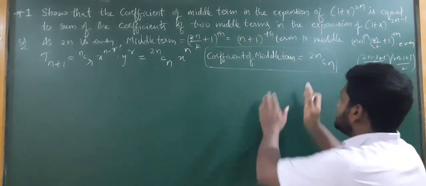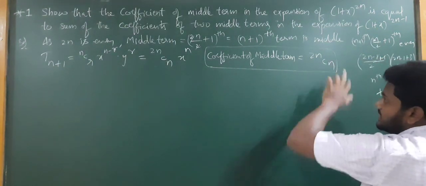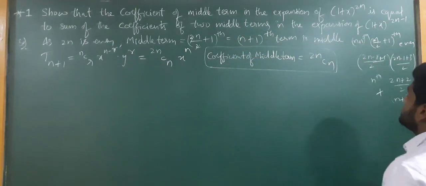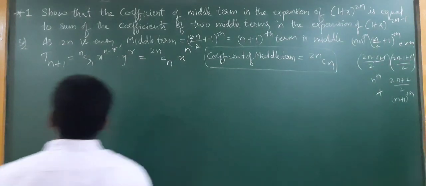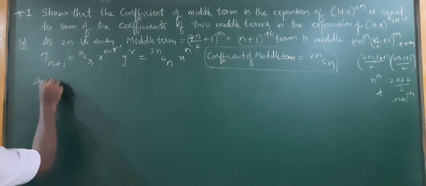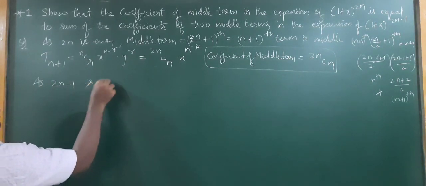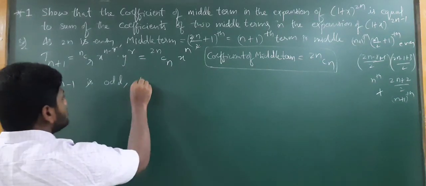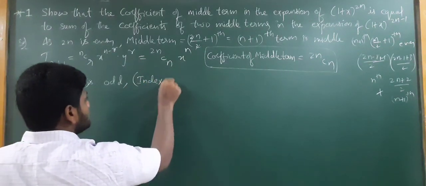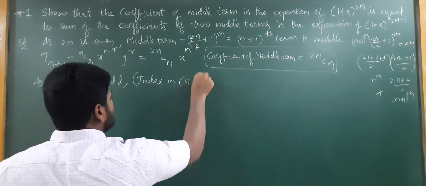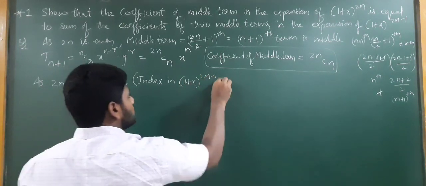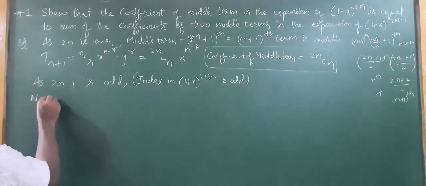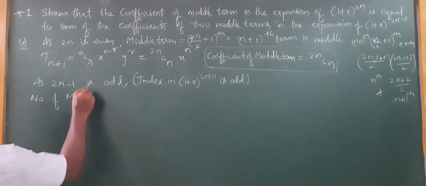Now what we need to show? This term 2nCn is equal to the sum of coefficients of two middle terms in the expansion (1 plus x) to the power of 2n minus 1. Now as 2n minus 1 is odd, nothing but the index in (1 plus x) to the power of 2n minus 1 is odd, the number of middle terms is 2, right?